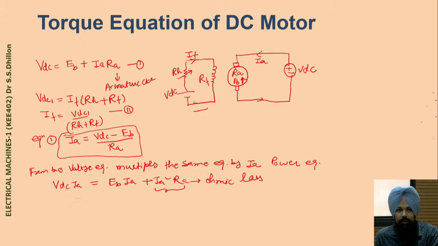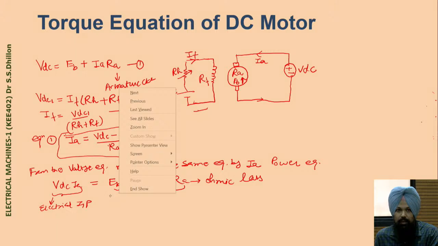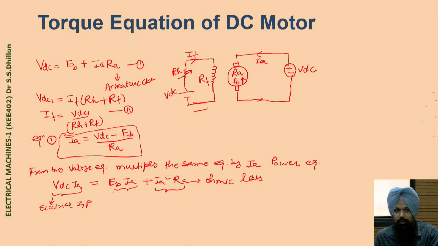Whatever electrical input power we are giving to the armature is VDC into Ia, and this is Eb, the back EMF or generated EMF, which is opposite to the supply voltage VDC. That's why back EMF has its own significance.